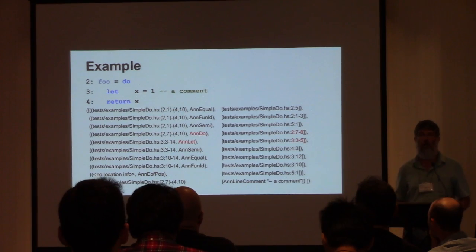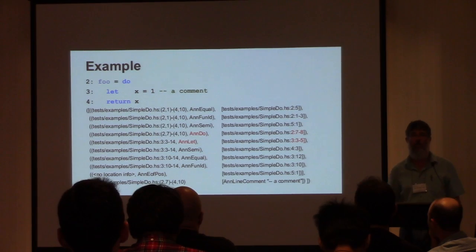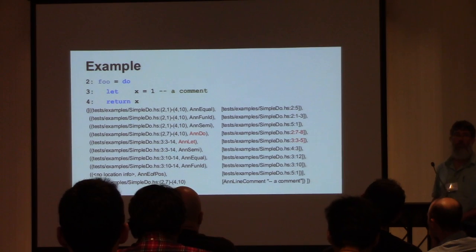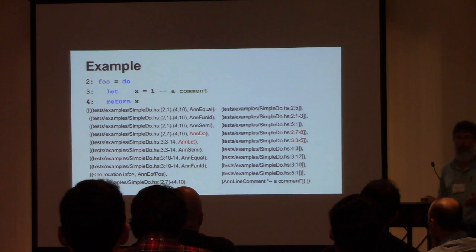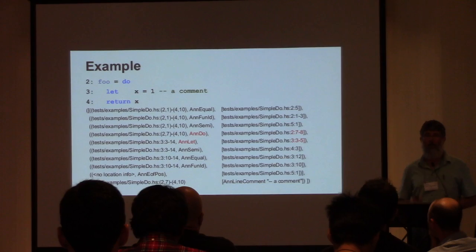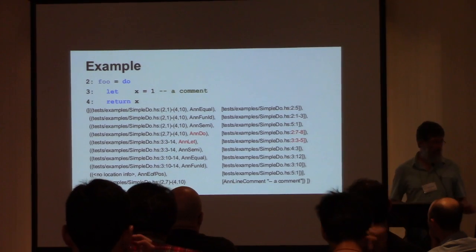So this is what you now get out of the parser when you use it, and this is now equivalent to what the Haskell source extensions guys have got, except that it's indexed by that rather than being just this array, and you've got to know where they live.